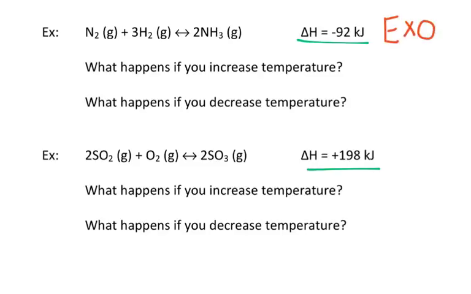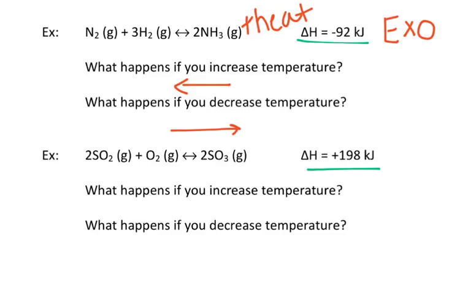So that means heat is a product. So we can go ahead and write plus heat on the product side. So if we increase temperature, we're increasing a product, so we're going to shift away from that product or to the left. And if we decrease temperature for this reaction, that's like removing a product, so we shift toward it or to the right.